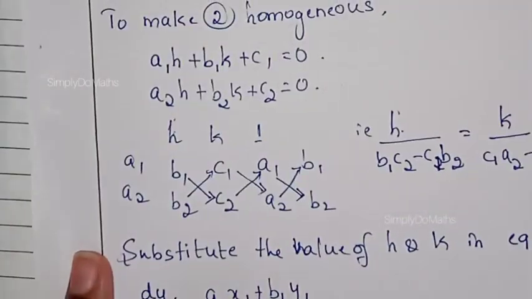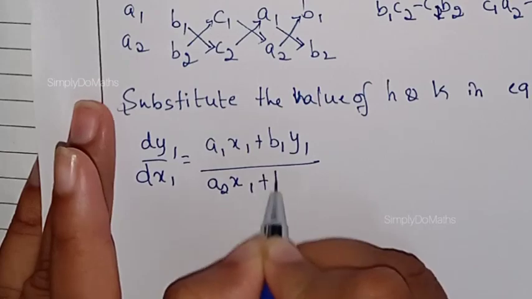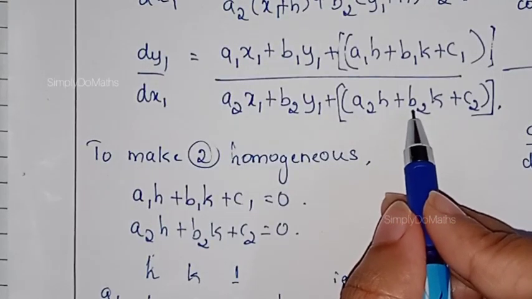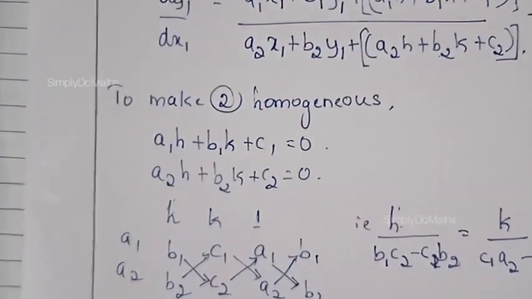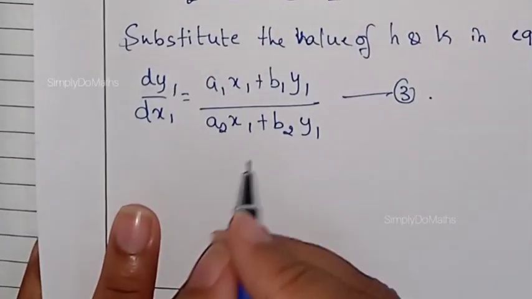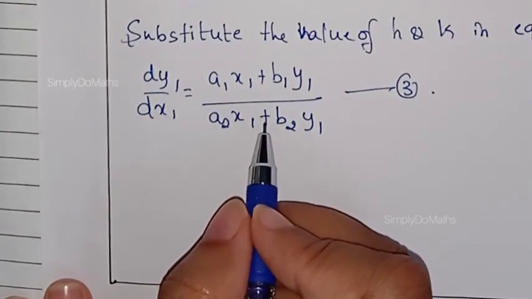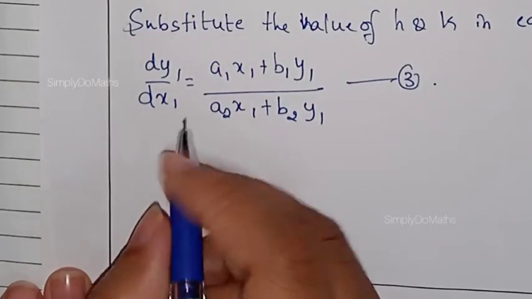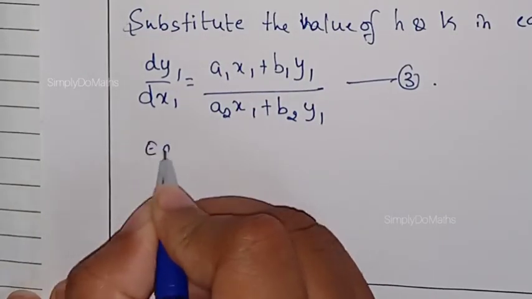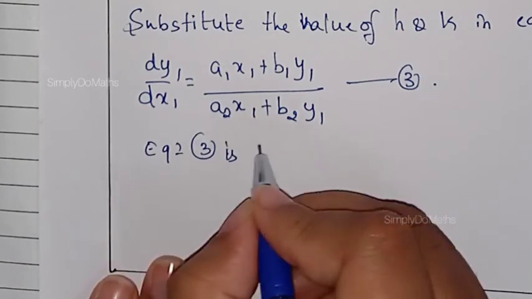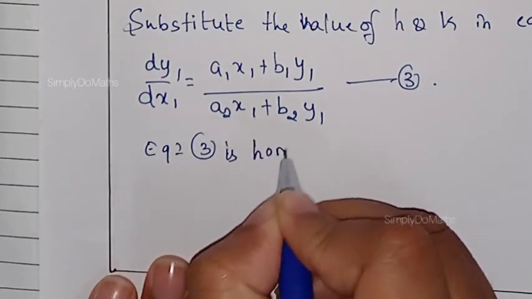Divided by (a2x1 plus b2y1) itself. Again this value will be 0. So we are left with only this much. Call this equation 3. See here, this is homogeneous, right? We have no other separate constants. So equation 3 is homogeneous in terms of x1 and y1.